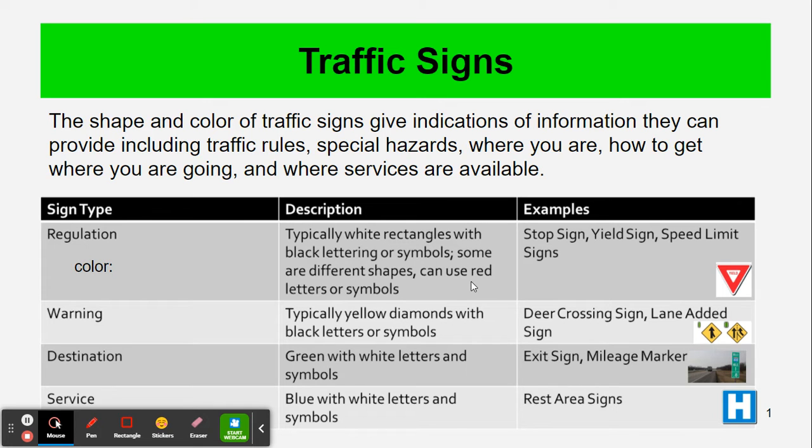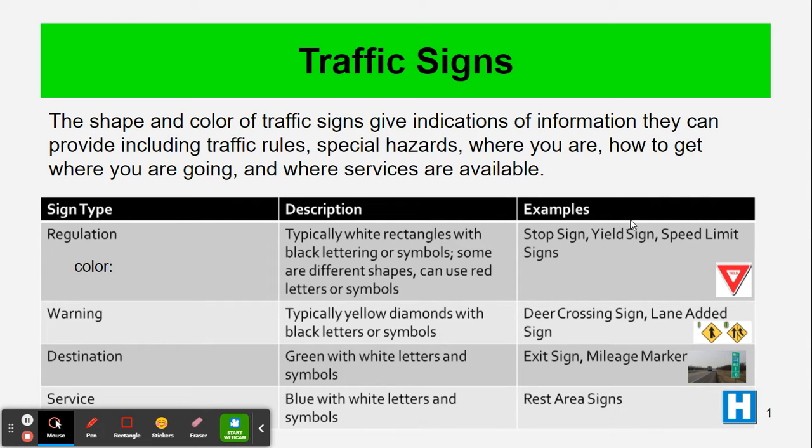Some are different shapes, and can be used with red letters or symbols. And these are regulation signs, okay? They're the stop signs, the yield signs, the speed limit signs. These are the signs that if you don't follow, you're going to most likely get in a car accident. And two, you will get a ticket if you are caught not following regulation signs.